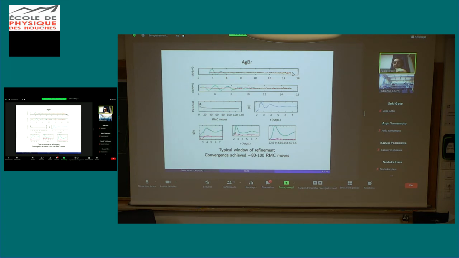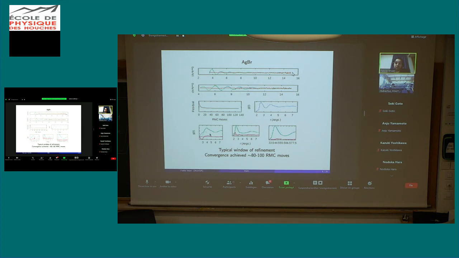There is a thermalization point until after a number of steps we reach a minimum, and then the configuration will move around that minimum. So what one usually does is run an initial step to reach the minimum. Then after that, we run another simulation for a given number of steps and calculate the average quantities on this equilibrated configuration. And here you see the partial pair distribution.